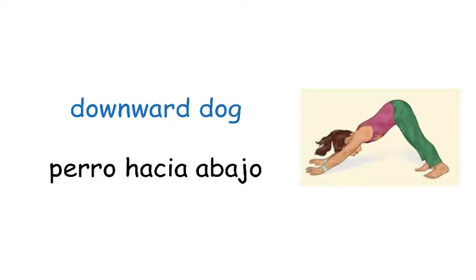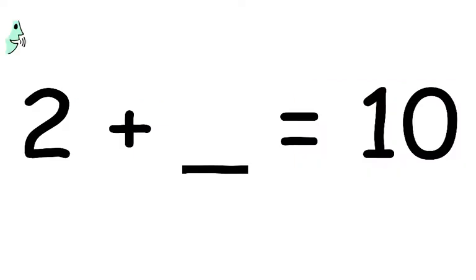Downward dog. Ready? 1, 2, 3, 4, 5, 6, 7, 8, 9, 10. Alright, shake it out.